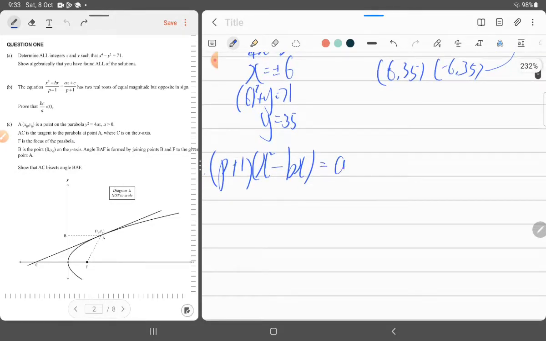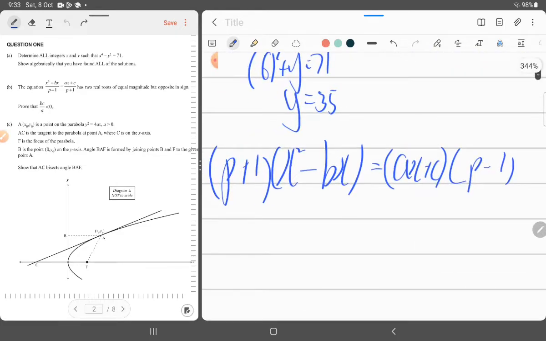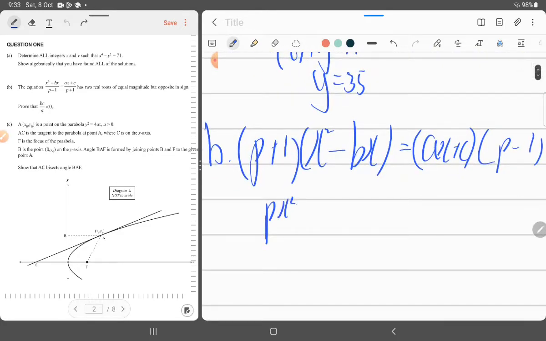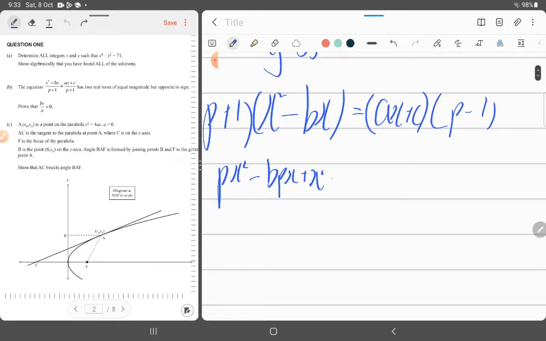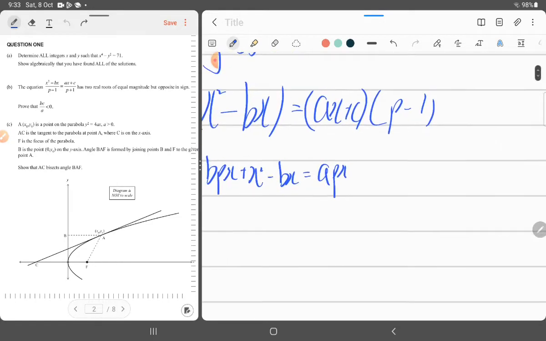Just a normal equation. So ax plus c, p take away 1, px squared take away bpx plus x squared take away bx equals apx take away ax plus cp take away c.